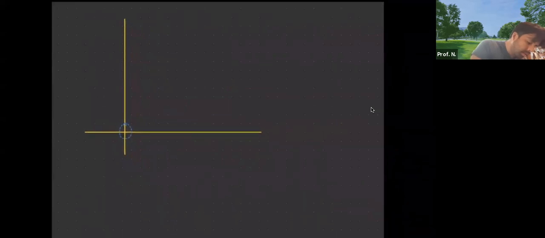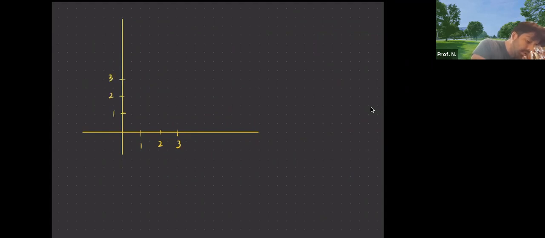Dotted paper. All right. So 2, 3, I'm going to write this like this: 2, 3. So this would be 1, 2, 3. This is 1, 2, 3, 4, right? This is the y, this is x.